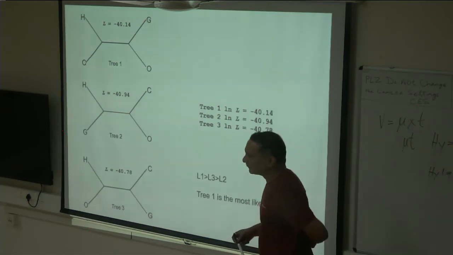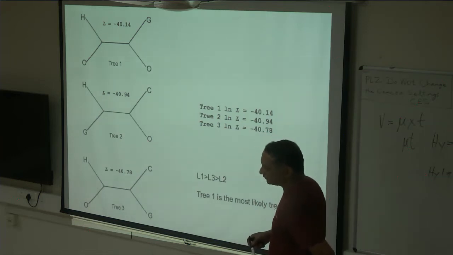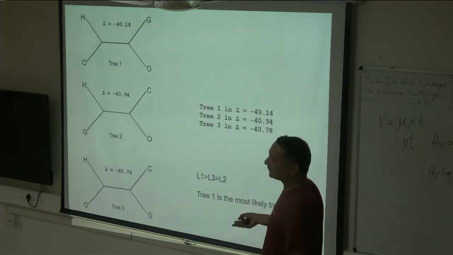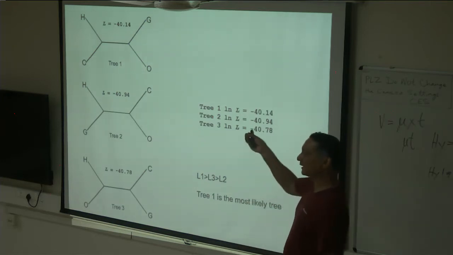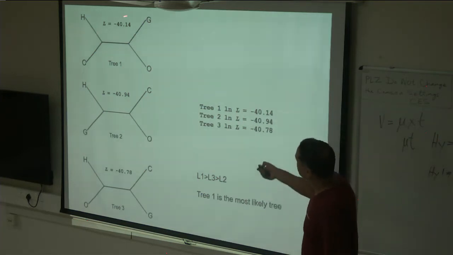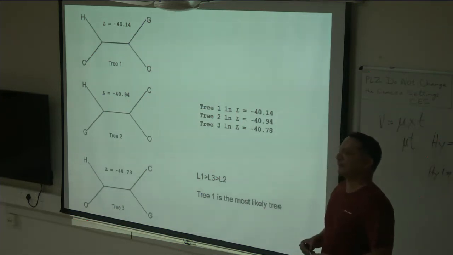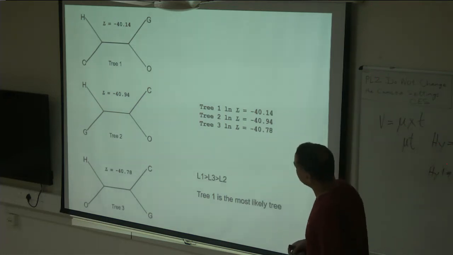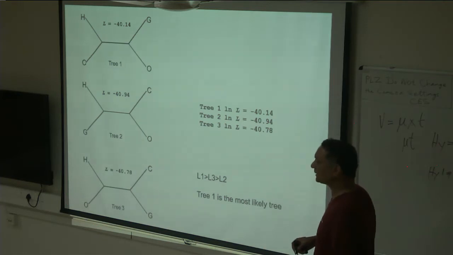The best tree, when we see maximum likelihood, we are picking the tree with the highest likelihood score. So in this case, it is tree number 1. Tree number 3 can also be best sometimes, right? No, I'm not able to understand this.